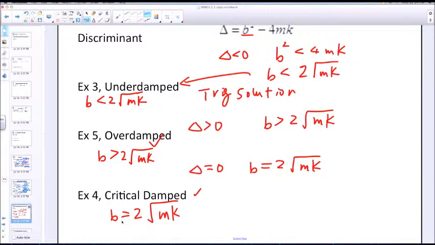The B, if you remember, is the friction. It's the relative strength between the resistance and restoration force. So if the resistance is too big, like the over-damping, your spring is relatively too weak to pull the mass back to the other side. That's over-damping.